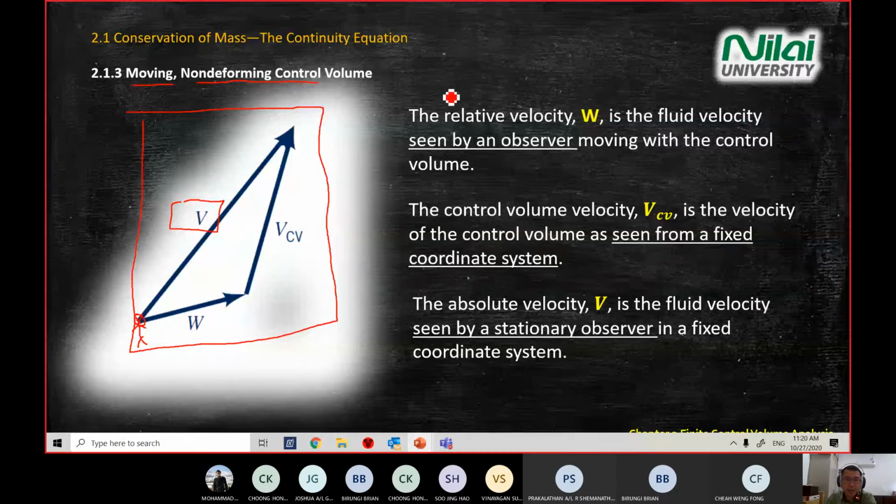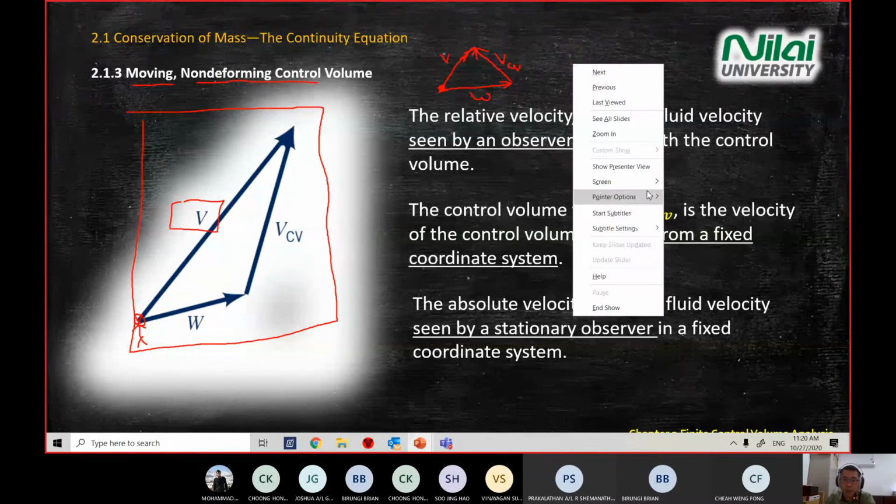It means you always start with the W, continue with your V_CV. Your V_CV can change either this way or this way, but you always go after the W. And the starting point of W connected to the end point of V_CV will become the resultant, or we call it V, absolute velocity. Okay, so this is a vector format. So it's the vector concept. We have to recall it if you forget.